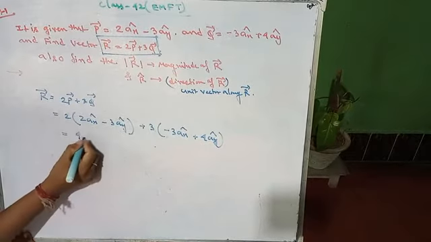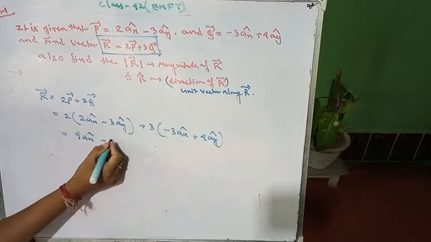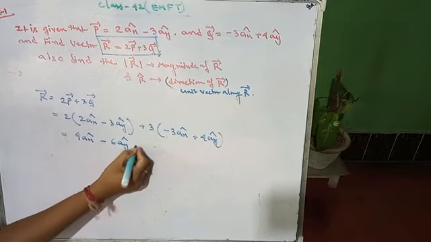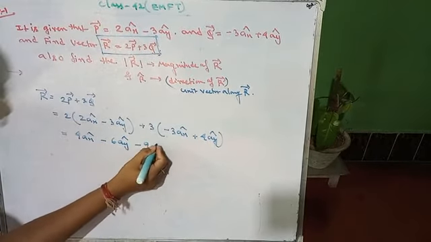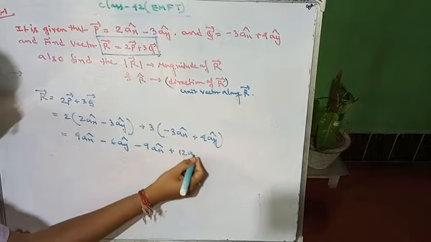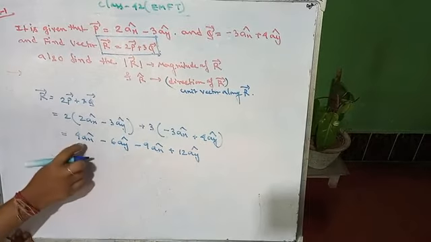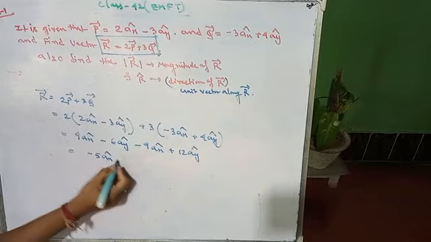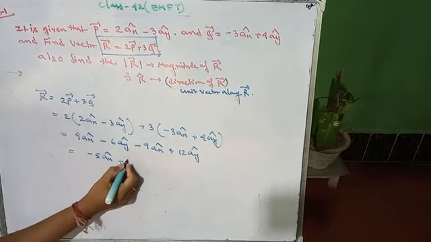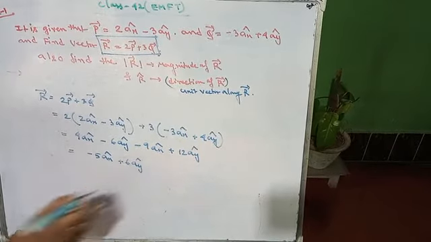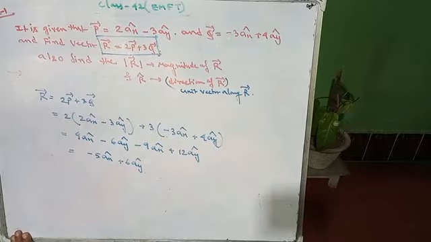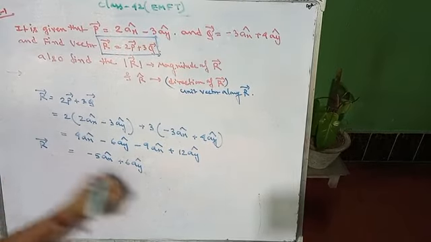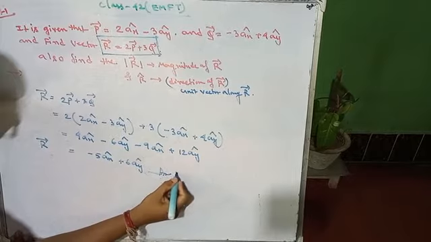So 4ax cap minus 6ay cap minus 9ax cap plus 12ay cap. So 4ax cap minus 9 means minus 5ax cap, and the other term is 6ay cap. So minus 5ax cap plus 6ay cap is your R vector, your answer number 1.